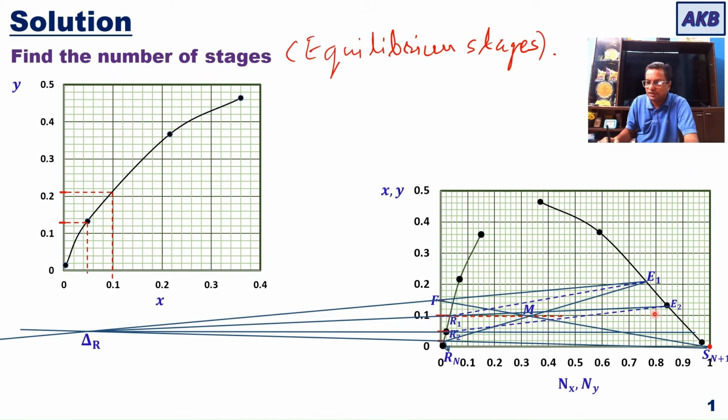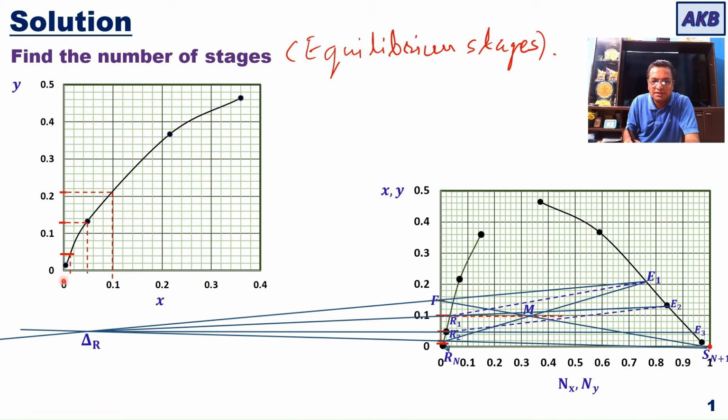So I get E3. Then for point E3, I will read its y coordinate and then come back to the distribution diagram and get the corresponding x, and I will then use this x to locate point R3 on the ternary diagram.